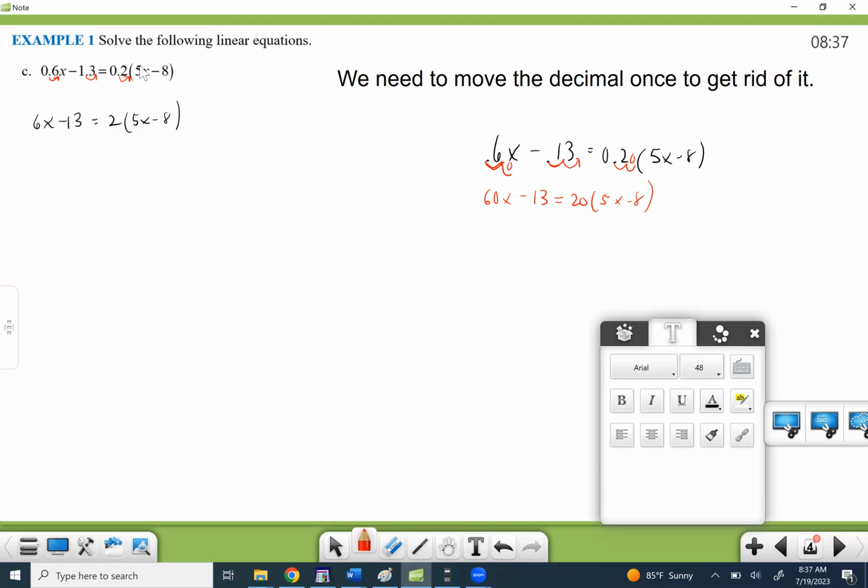So you don't want to double do it. If you move it here on the 5 and you move it here on the 8 and you also move it on the 2, well, then when you distribute the 2, you've double moved it, okay? Because of the 10 that's inside of this 2 right here, right? We multiply this guy by 10, there's a 10 over here that's going to get distributed. So don't double do it.